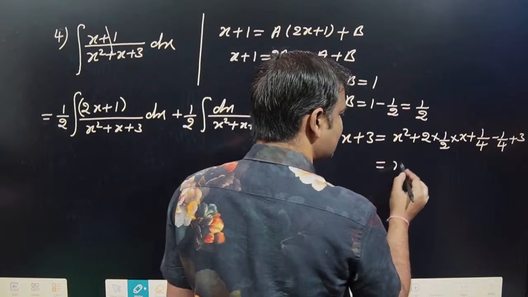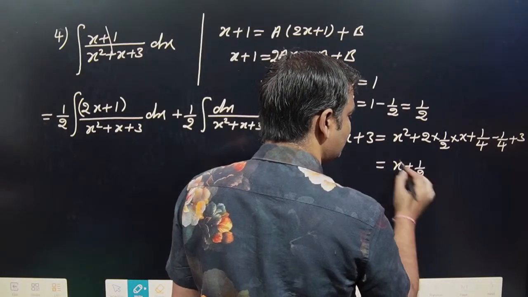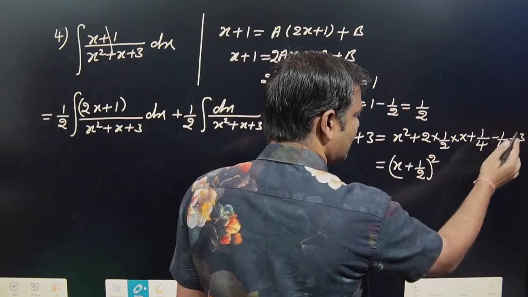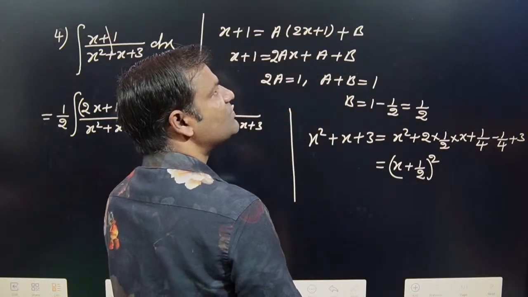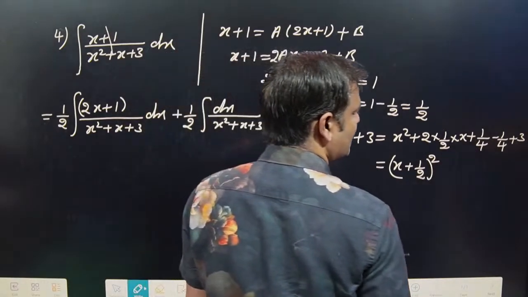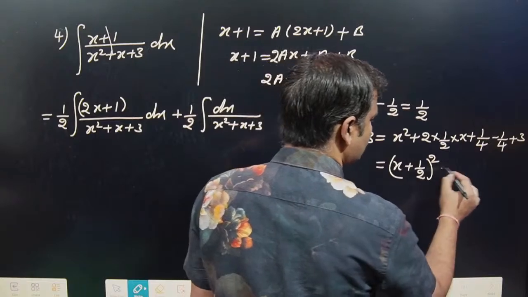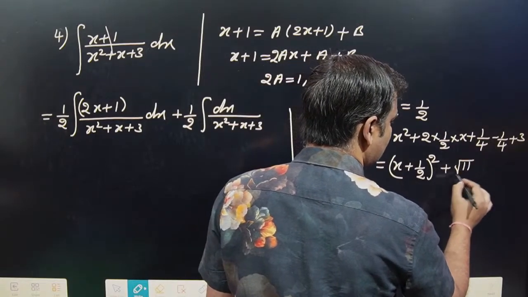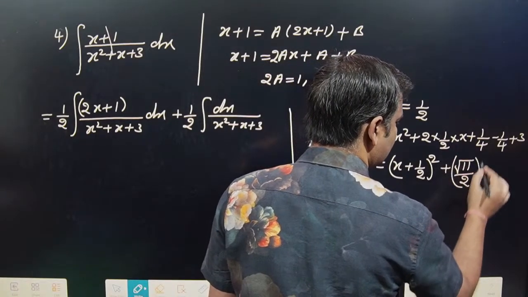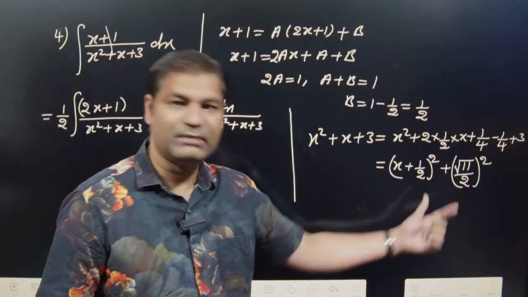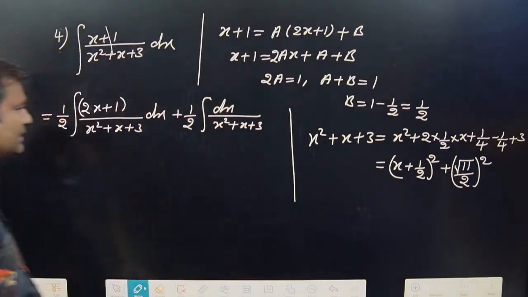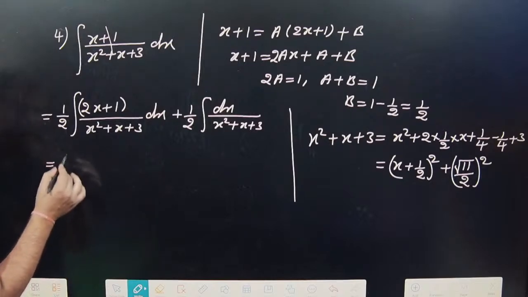So you can say x plus half to the whole square, and 3 is 12 by 4, minus 1 by 4, that is 11 by 4. So you can say root 11 by 2 to the whole square. Okay, so basically that part is replaced by that part. I hope it is clear what I am saying.